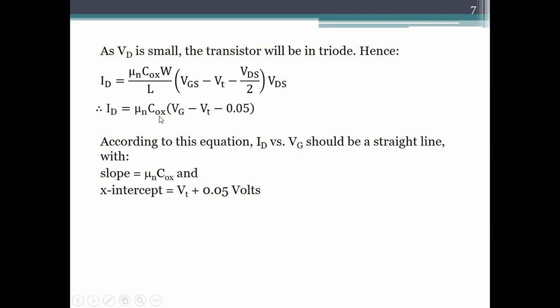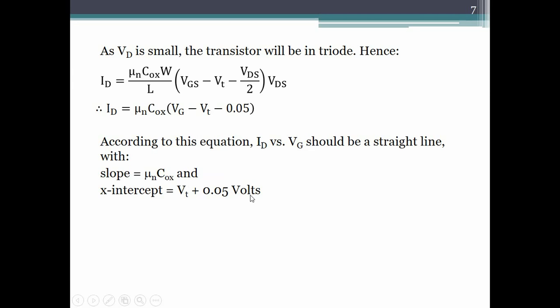So we are left with mu and Cox, Vg minus Vt minus 0.1 by 2, 0.05. So this is the equation you are actually plotting. According to this equation, of course, ID versus Vg must be a straight line, with a slope of mu and Cox and an x-intercept of Vt plus 0.05 volts.